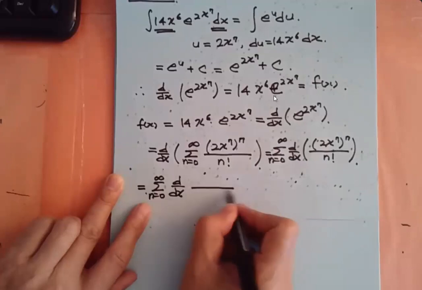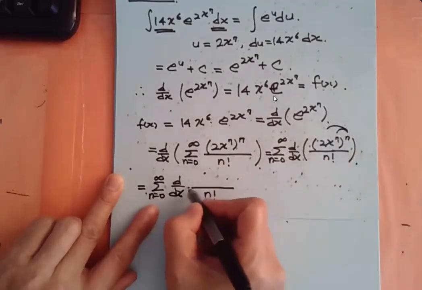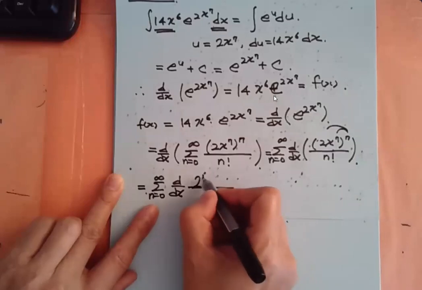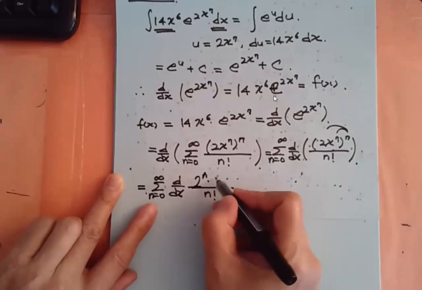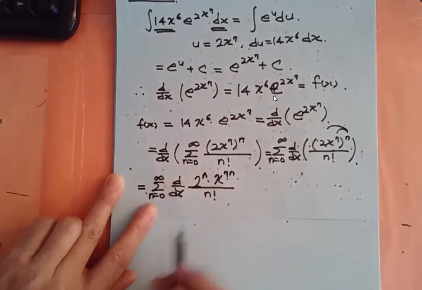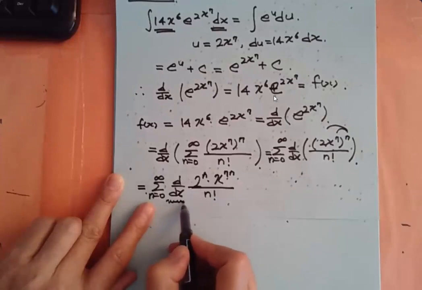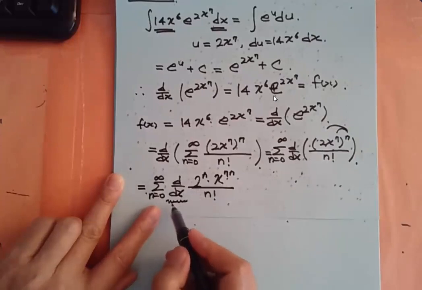Before we differentiate, let's make things a little bit clearer: 2^n x^(7n). Here, 2 is a number and n varies, but what we are doing is just differentiating with respect to x.